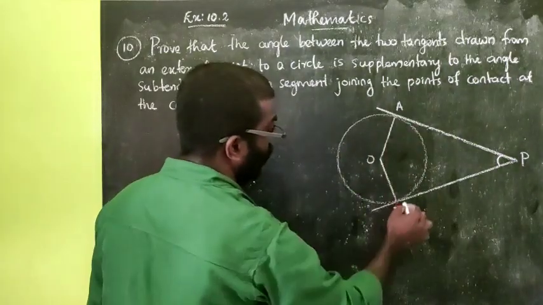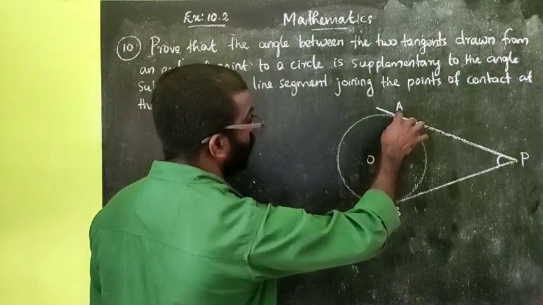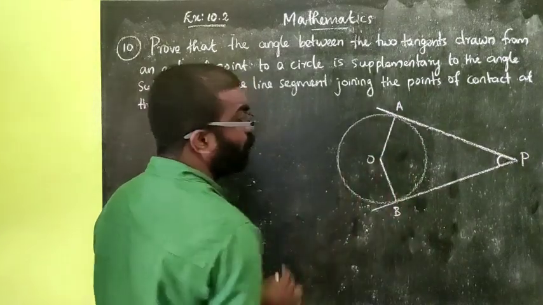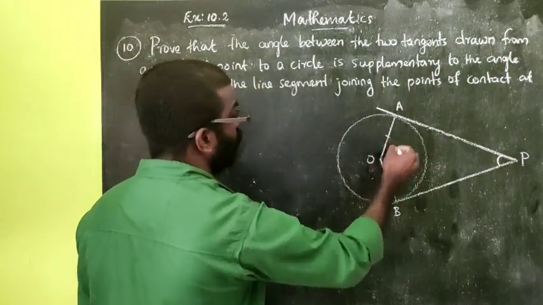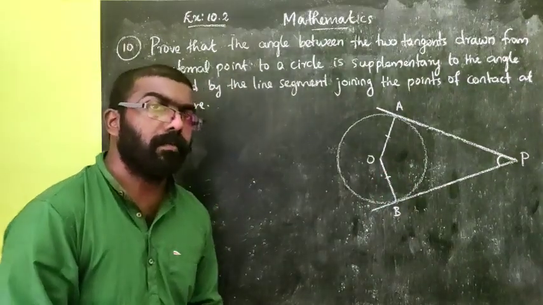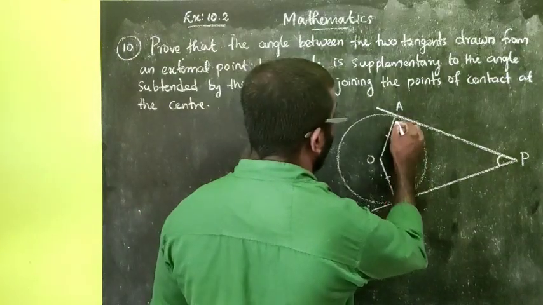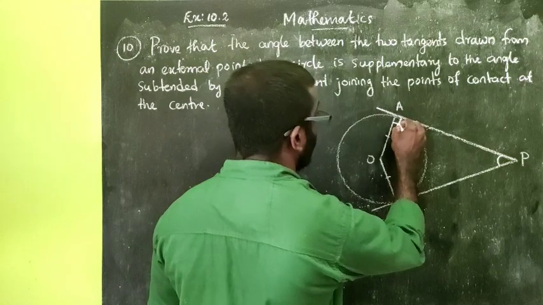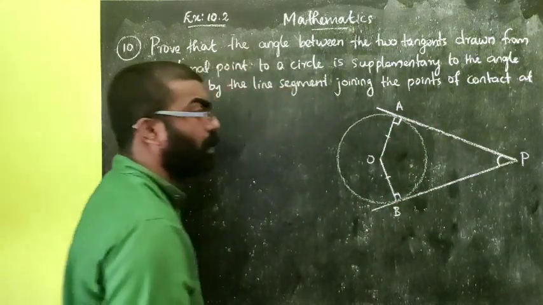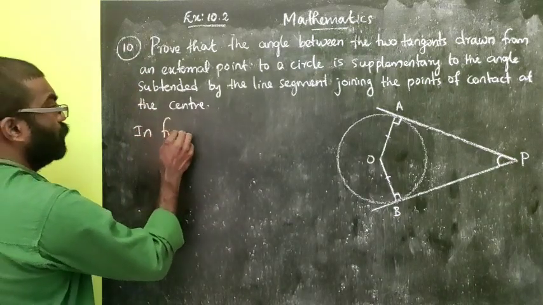Here A and B are point of contact and the line segment joining the point of contact to the center are AO and BO. These are the radius of the same circle. And we know the radius is perpendicular to the tangent, by theorem 10.1. So here OA is perpendicular to AP and OB is perpendicular to BP. That we can write here in figure.